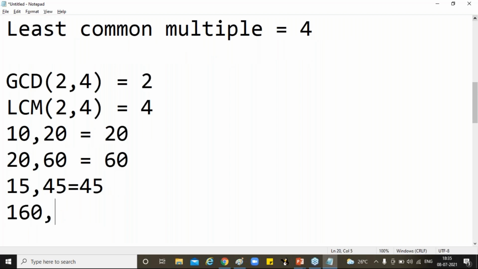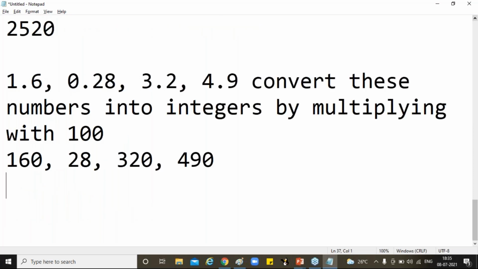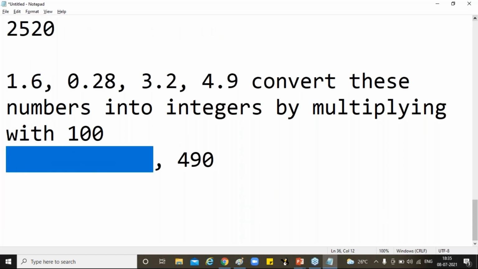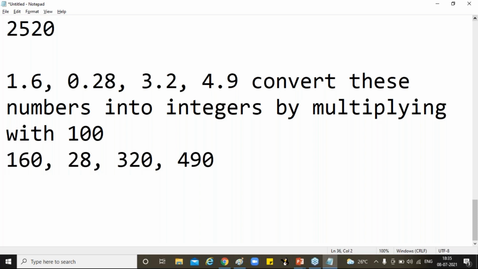160, 320. The LCM is 320. Yes. The LCM of 160, 320 is 320. If you notice, in the given group, 160 and 320 both are there. So for 160 and 320, the LCM is 320.